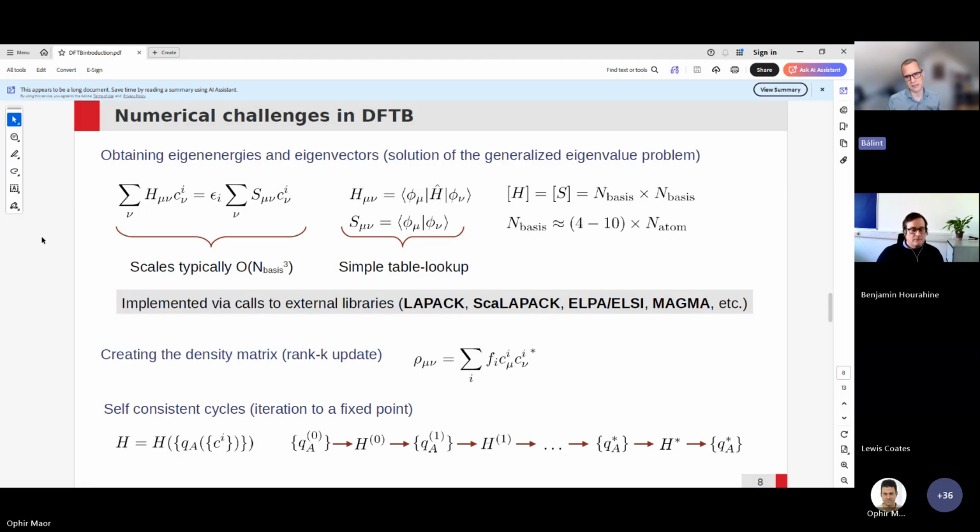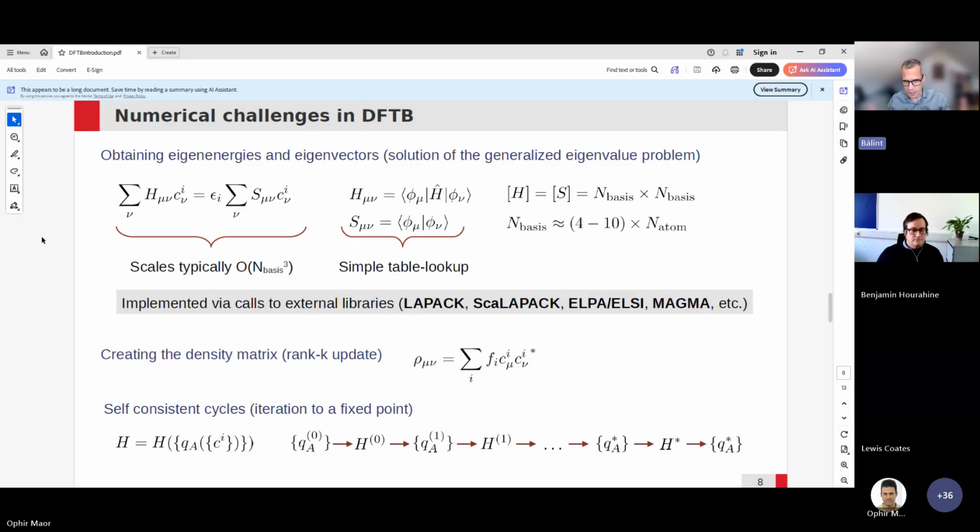So it's basically instantaneous. While if you are using a more precise method, then you would have to make complicated integrations during the calculation in order to set up these matrices. But once you have these matrices, you have to solve the generalized eigenvalue problem.